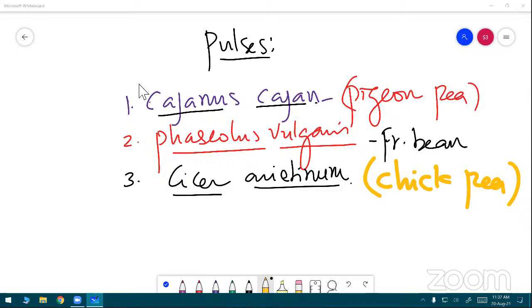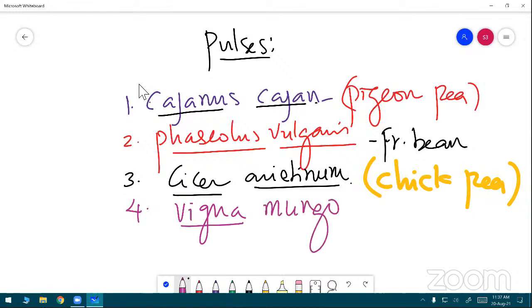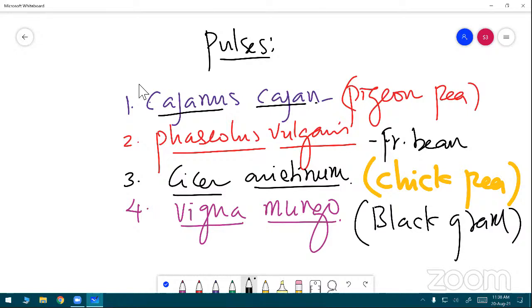Then the fourth one is Vigna mungo. Vigna mungo is the binomial of black gram. Yes, sir, black gram. Which of the following is the binomial of black gram? If it is asked, options will be given: A, Cajanus cajan; B, Cicer arietinum; C, Phaseolus vulgaris; D, Vigna mungo.